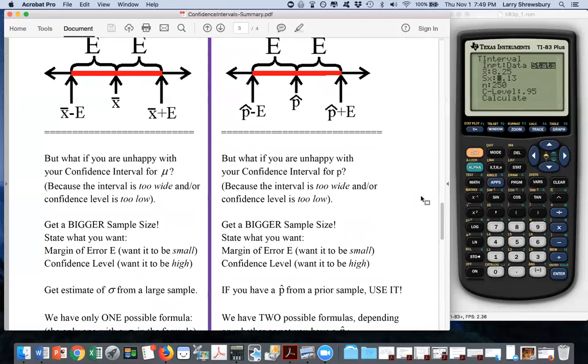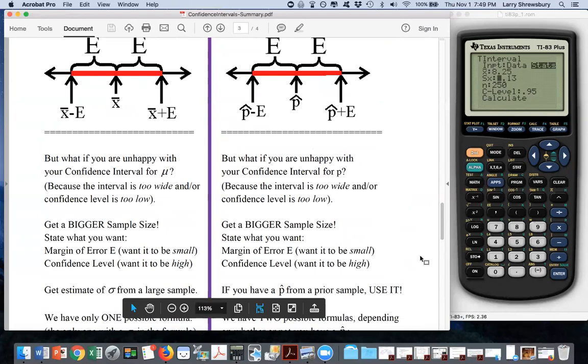Now, this leads us into what you'll be doing after confidence intervals. And the idea is, well, what if you got a confidence interval and you don't like it? It's just too darn wide, or perhaps the confidence level is too darn low. Well, the problem will be fixed if you get a larger sample size.